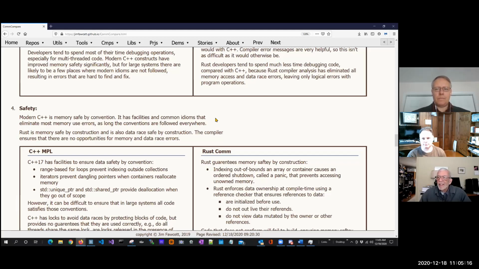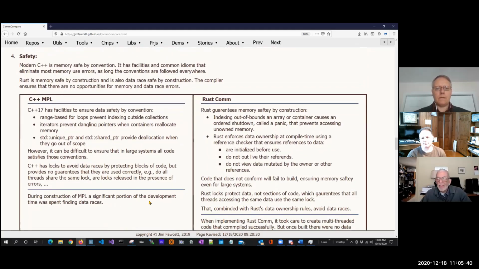In Rust, locks lock data, pieces of data. So if you're going to share data, you're guaranteed that everybody's using the same lock. A classic threading problem in C++ is that you're sharing data, but the two threads are using different locks, and that means they're just not locked. Okay. So these words just summarize all that.